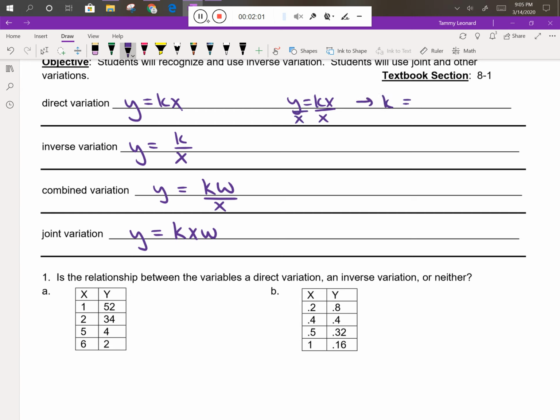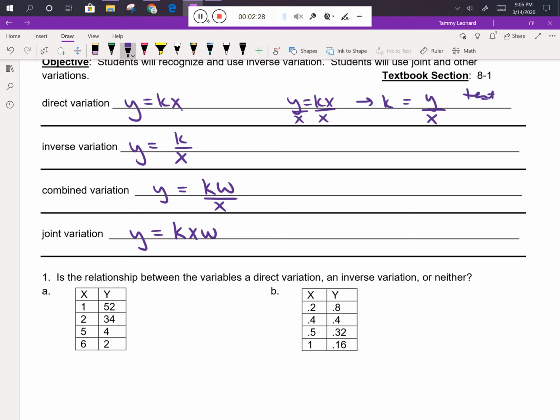Notice that says the constant of variation would be equal to y divided by x. This becomes a test to see if something is a direct variation equation. If I test a set of data and every time I take y and divide it by x, I get a constant, the same value over and over again, then the situation is a direct variation situation.